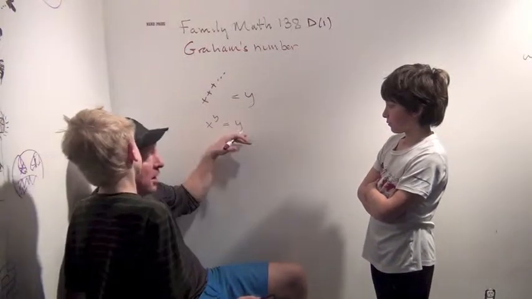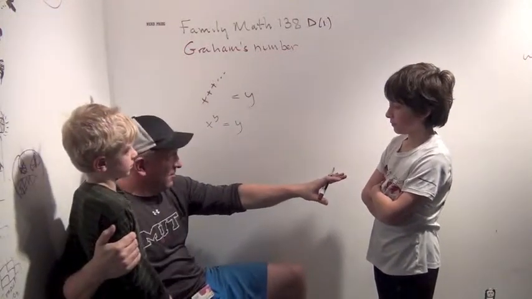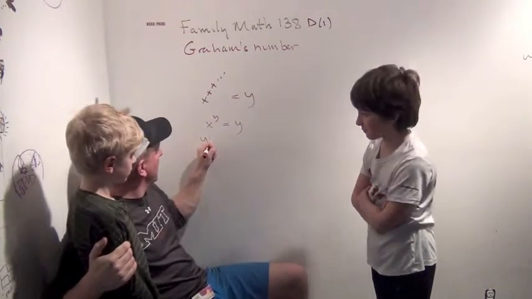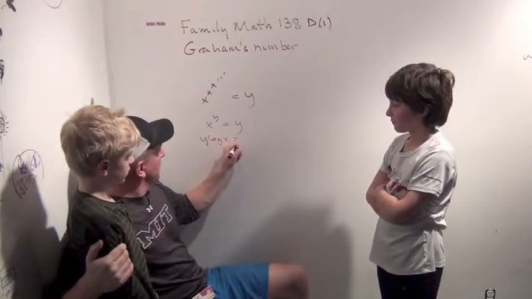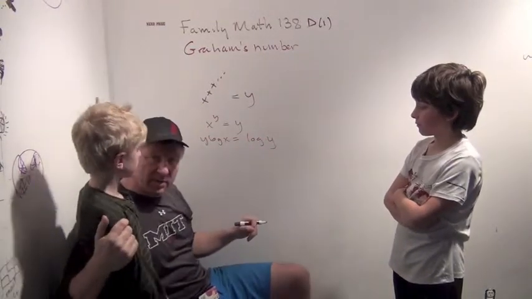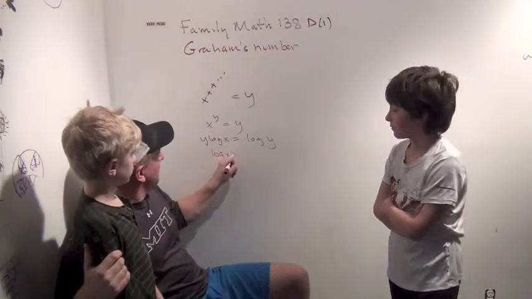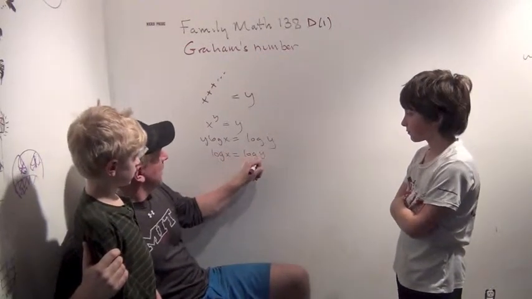We take the logarithm of both sides. Now we've only talked about this for one day, so don't fall over. So y log x equals log y, taking the log of both sides. So log x equals log y divided by y.